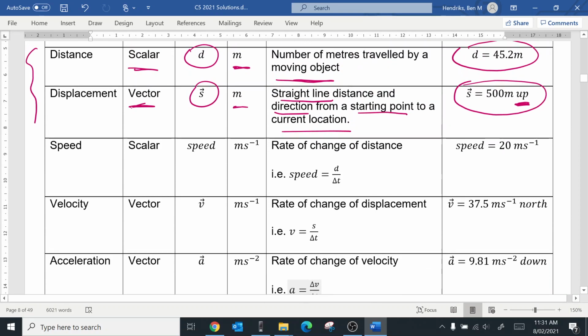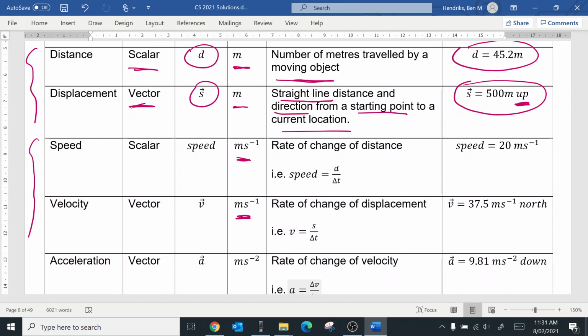Some of our other quantities are speed and velocity. Again, these are similar to distance and displacement. They have the same units, meters per second. Speed is the scalar and velocity is the vector. We represent speed just with the word speed and velocity with a v.